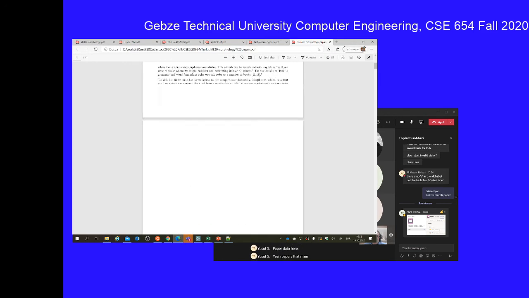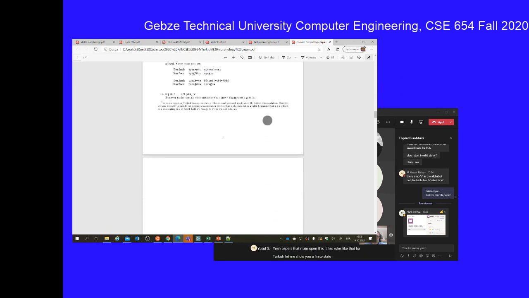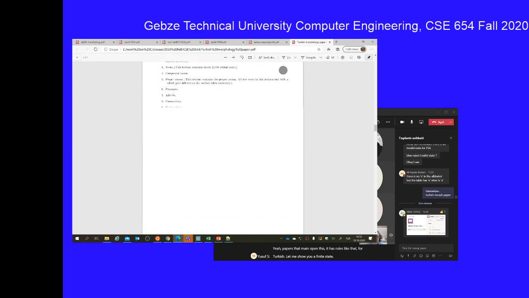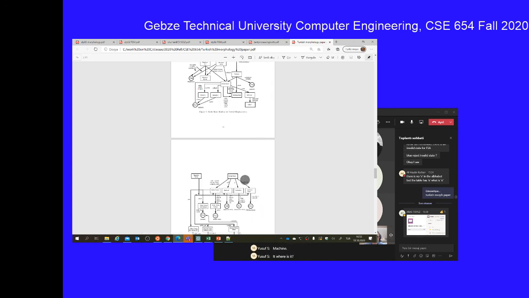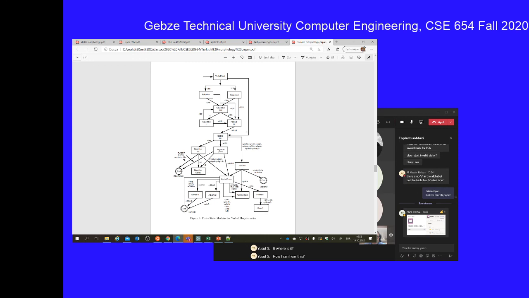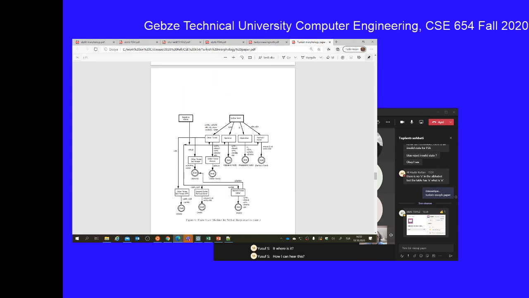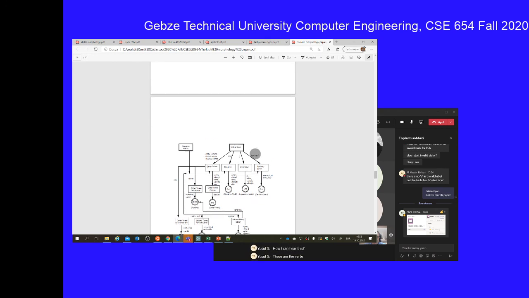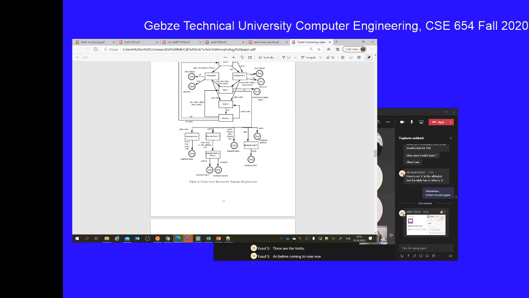It has rules like that for Turkish. Let me show you a finite state machine. Where is it? Oh, okay, here it is. These are the verbs. Before coming to verbs, the nouns are usually easier.